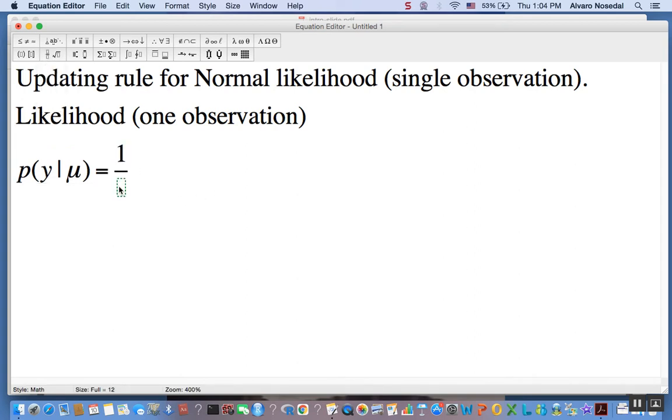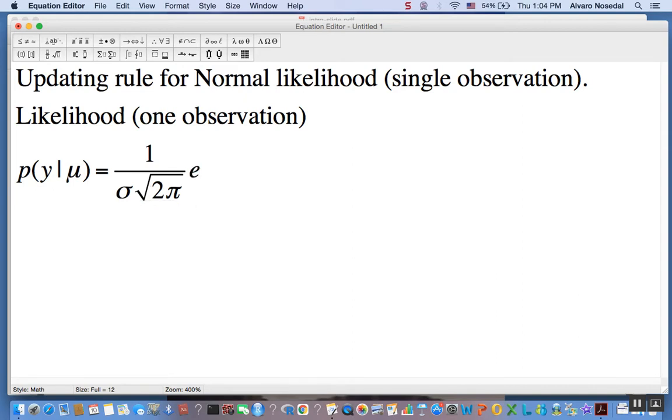First, we're going to have the normalizing constant, the constant that makes the integral of that PDF equal to 1. In this case, it is 1 over the square root of 2 pi times sigma squared, or you could re-express that as 1 over sigma times the square root of 2 pi.